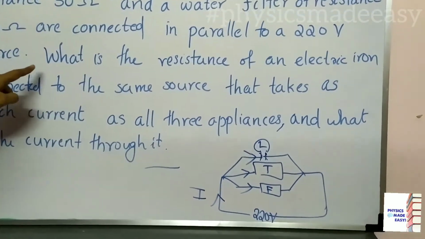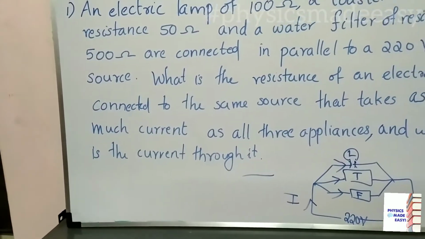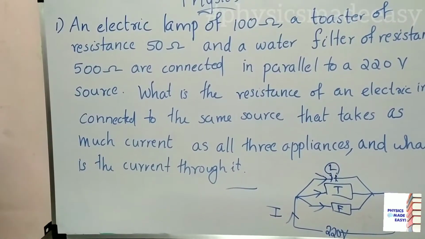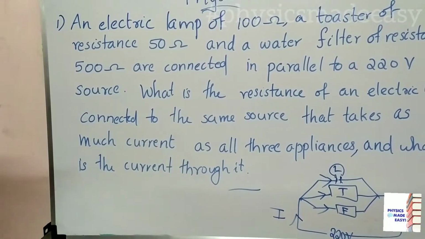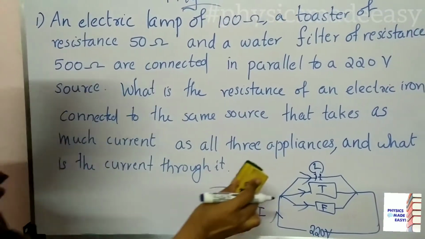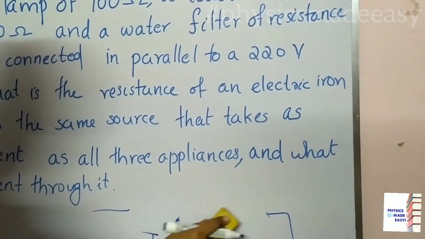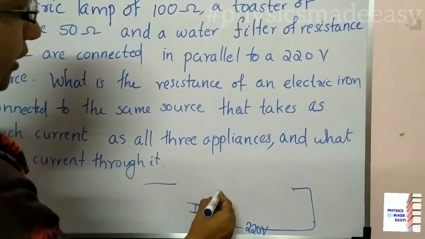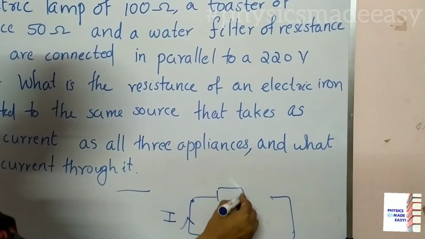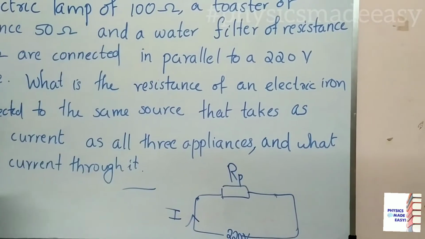Then the next step: what is the resistance of an electric iron connected to the same source that takes as much current as all three appliances? From this you have to know that for this parallel combination, if you find the effective resistance of these three resistances, you can replace them with a single resistance. That single resistance is the effective resistance.